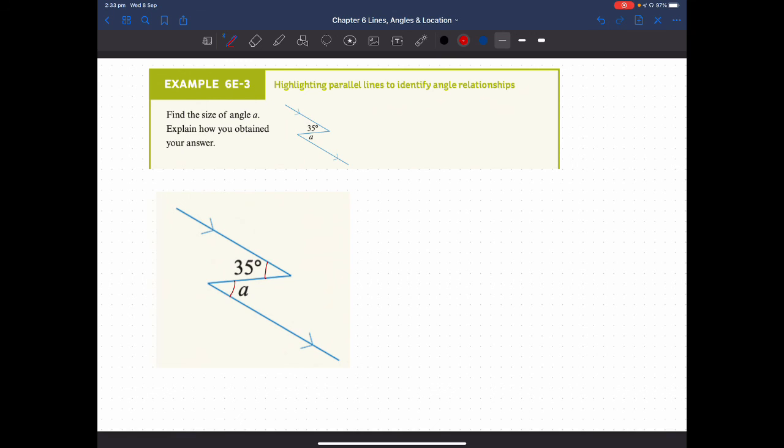If I extended those parallel lines and took my transversal and extended it, you can see it is just like a diagram like that. So we know that A must equal 35 degrees because they are alternate to each other.